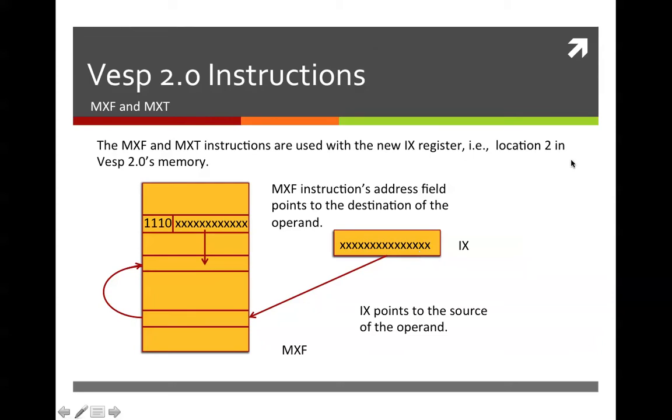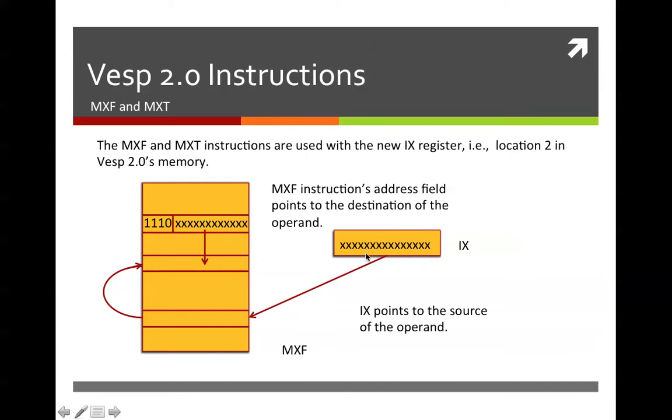Whatever IX is points to the place where the operand that we want to move is found. That operand is then moved to the location in memory whose address is given in the address portion of our so-called MXF instruction. So there's really no second 16-bit word here, as in the case of, for example, the move instruction in Vesp 1.0. We don't require that.